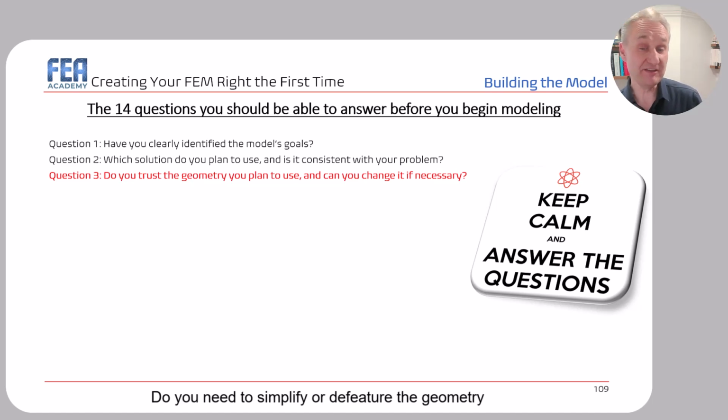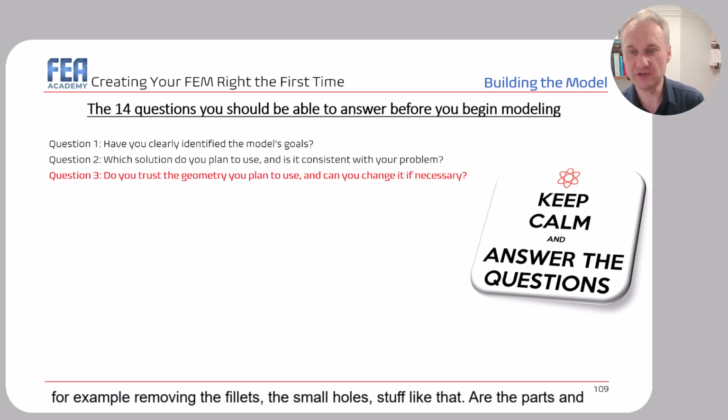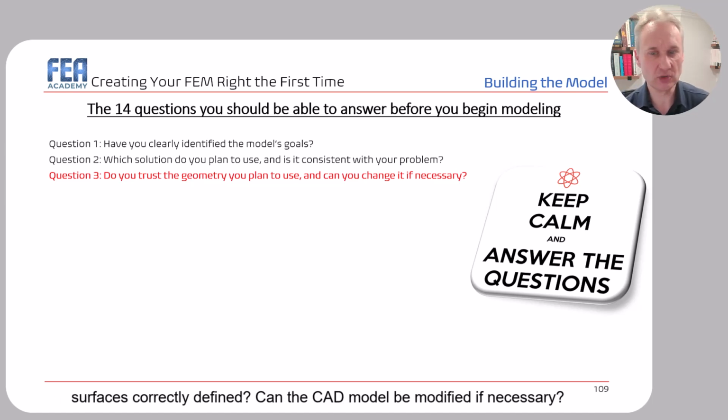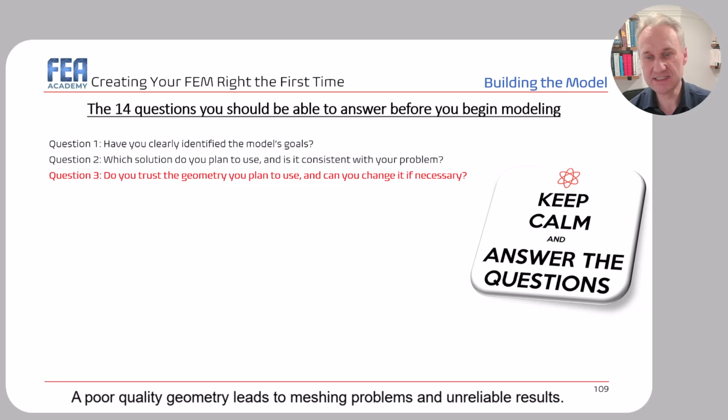Do you need to simplify or defeature the geometry? For example, removing the fillets, the small holes, the threads, stuff like that. Are all the parts and surfaces correctly defined? Can the CAD model be modified if necessary? A poor quality geometry leads to meshing problems and unreliable results.